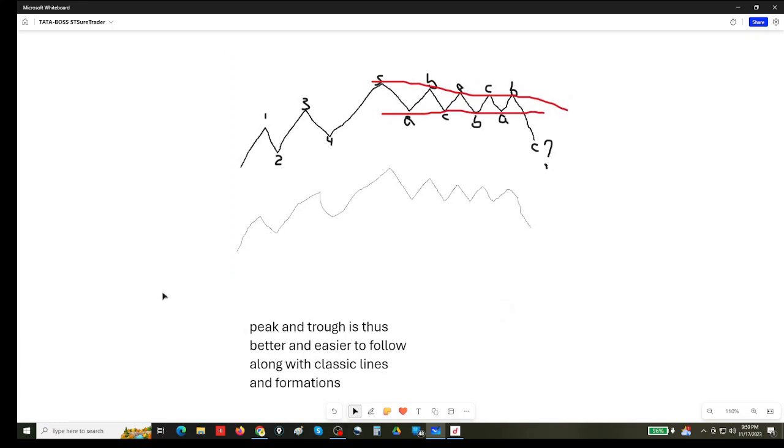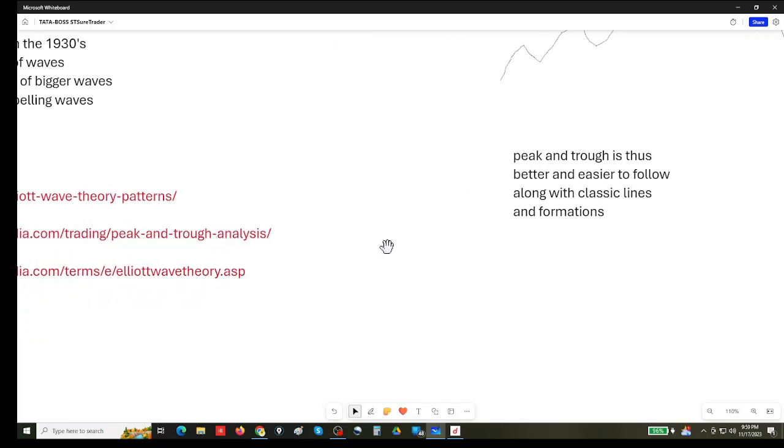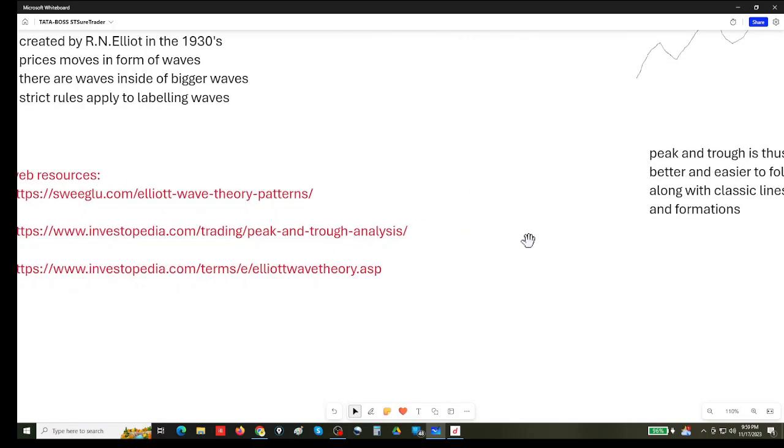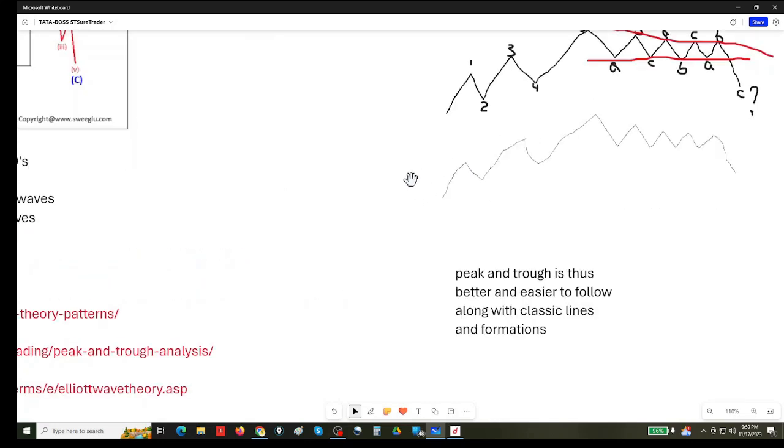Now you can find again resources on peak and trough from Investopedia and other sources, as you can see here. And peak and trough is quite easy to apply.